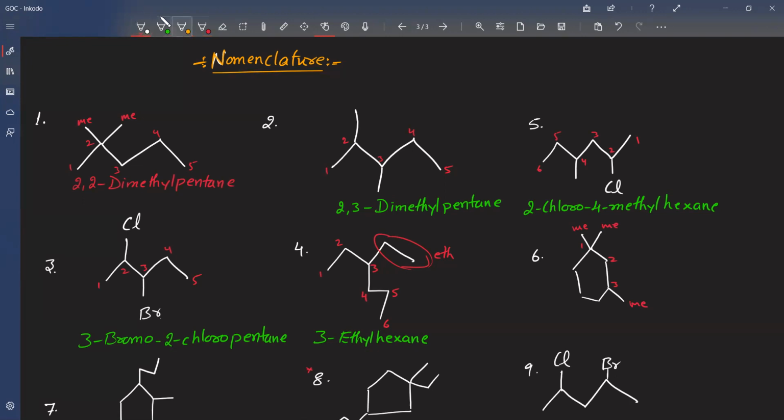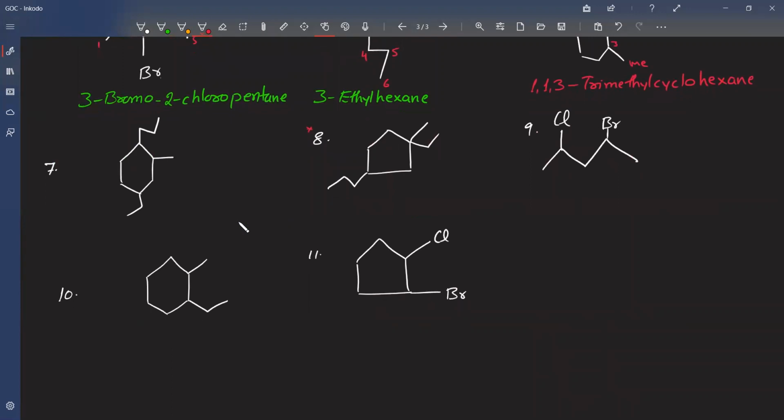So that's why the name is trimethyl. Cyclohexane, because it is a cyclic compound. Correct.